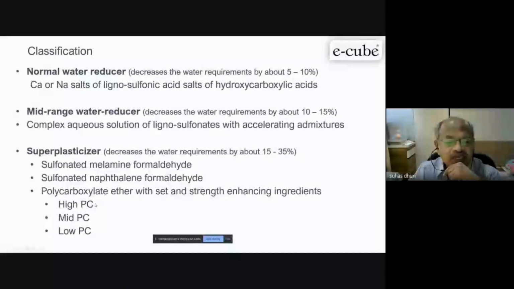This is maybe 35-40%, maybe 15-20%, here maybe less than 10%. So when you are working with low to mid strength concrete, you can use this. For mid strength concrete, say up to M35 to M50, we can use this. For M60 and above, I can use this, where I can have a flowable concrete.